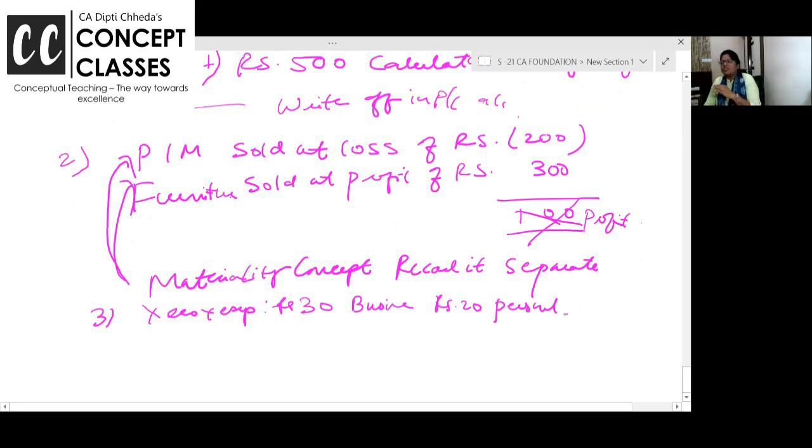You did Xerox of your son's question paper also. All rupees 50 printing and stationery expense. Why? Materiality. 20 rupees is not a material amount, you write it separately. But these are plant and machinery and furniture.